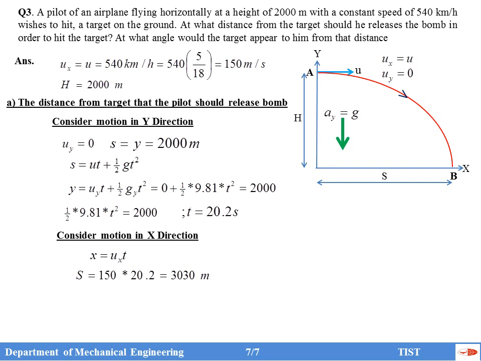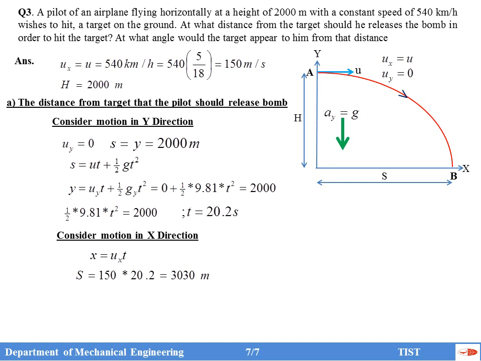So the first portion of the question is solved: at what distance from the target should you release the bomb in order to hit it? And you need to find out at what angle the target would appear to him from that distance. Means at the point A, the aeroplane released the bomb, and the target is at the point B. So from A, at what angle does B appear to the pilot?